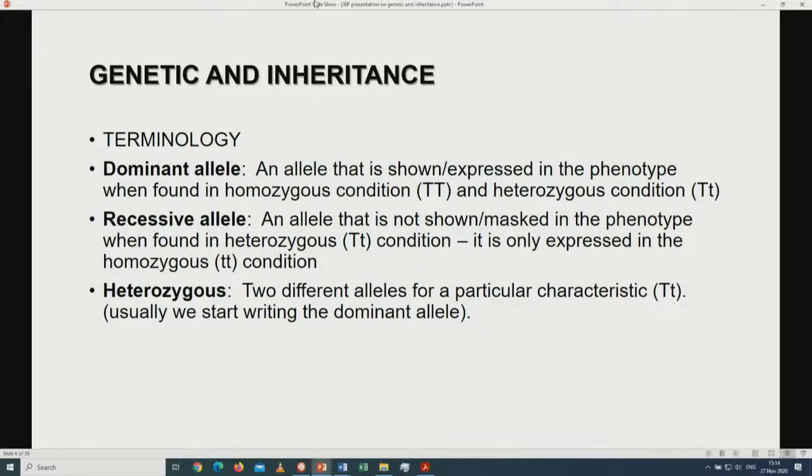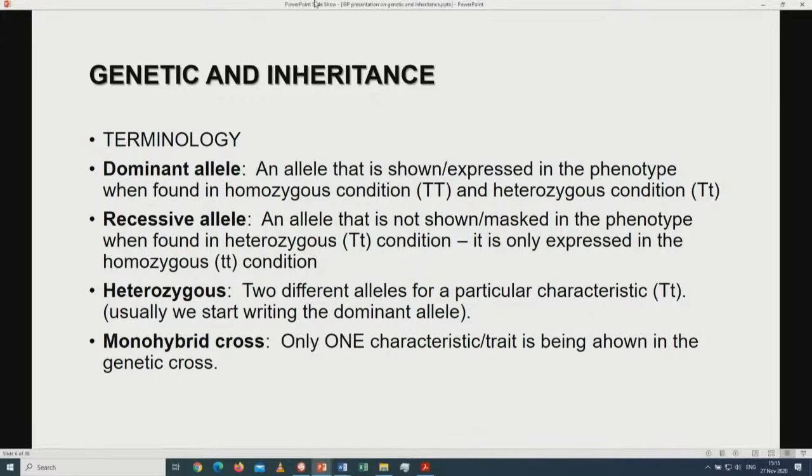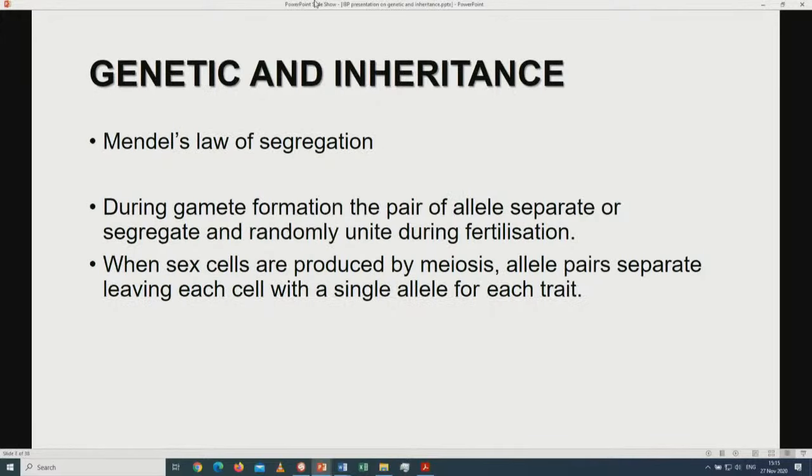Heterozygous means two different alleles for a particular characteristic, and usually when we write the genotype of a heterozygous, we start with the capital letter and then the small letter. In a monohybrid cross, only one characteristic or trait is being shown in the genetic cross.